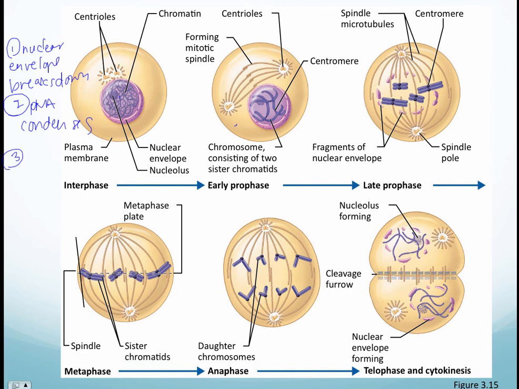And then number 3, you have the formation of microtubules. And so microtubules, this is going to assist in the movement of all of these chromosomes. So we want to make sure that we can have all our chromosomes lined up for that, and that's exactly what those microtubules are going to do.